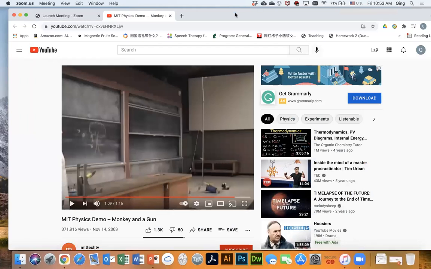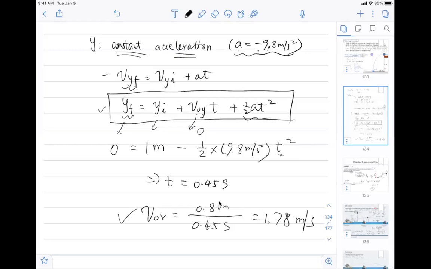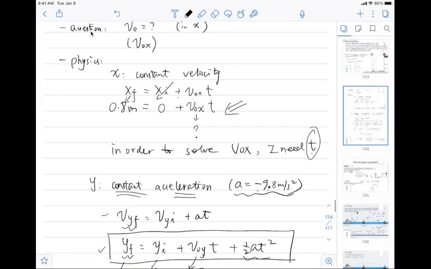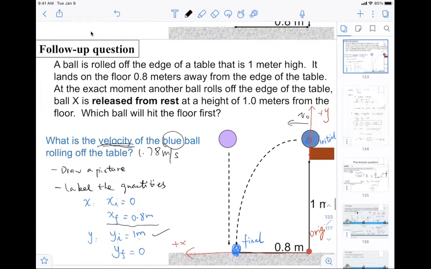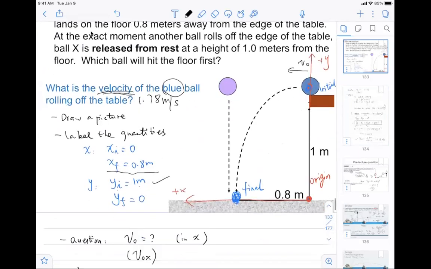Yes, sure. Let me see if you could see my screen. You said there was one where we treat acceleration as positive, which one is it? Could you scroll up a little bit, please? It was right there. You put plus y, but then you said that acceleration would be negative.